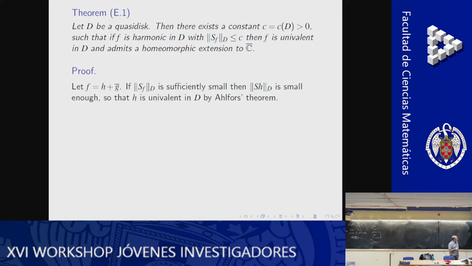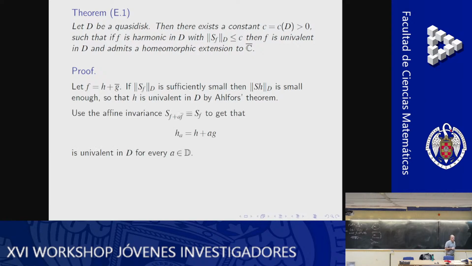Actually, we prove that if this goes to 0 as f goes to 0, then so does h. So it can be as small as this constant c dictates. Therefore, it can be smaller than the constant given by Ahlfors. All right, so h is univalent in the domain D. Okay?